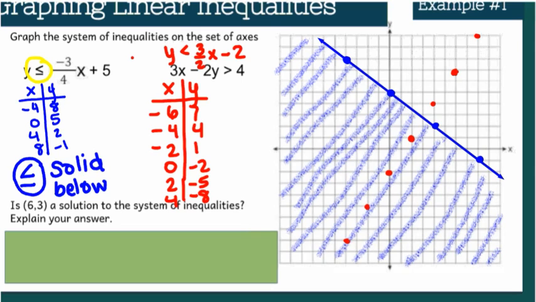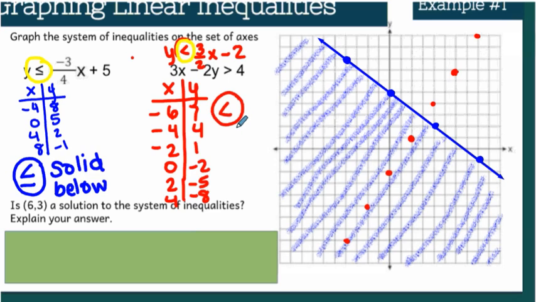After plotting our points, please remember that we must analyze our inequality symbol before we connect our dots. The inequality symbol that we have for this line is a less than symbol. So ask yourselves those two questions. Are we connecting our dots with a solid or a dashed line?